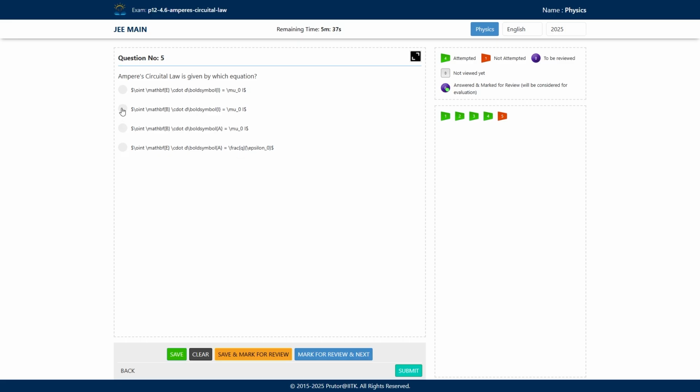What was Ampere circuital law? Integral B dot dl equal to mu naught I.